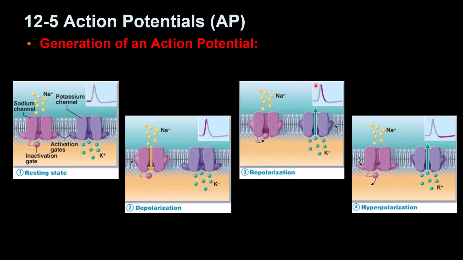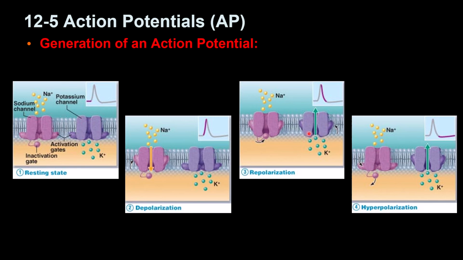Once it reaches positive 30 millivolts, the inactivation gate now closes. The activation gate is still open. So this will prevent further movement of ions inside the cell, and the cell cannot become more positive because no more sodium enters the cell.